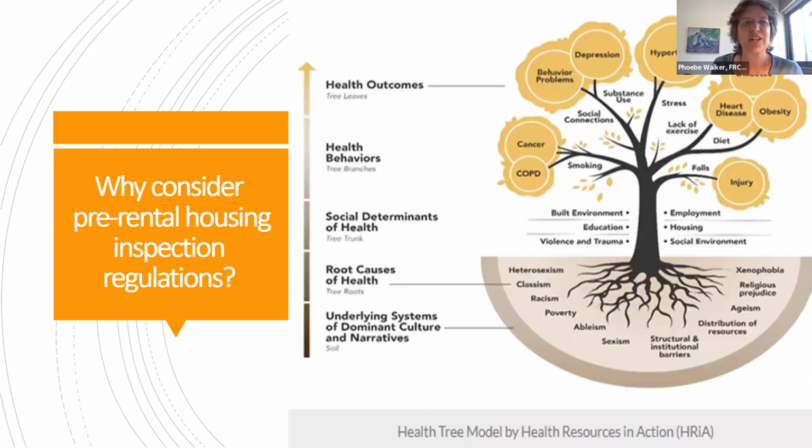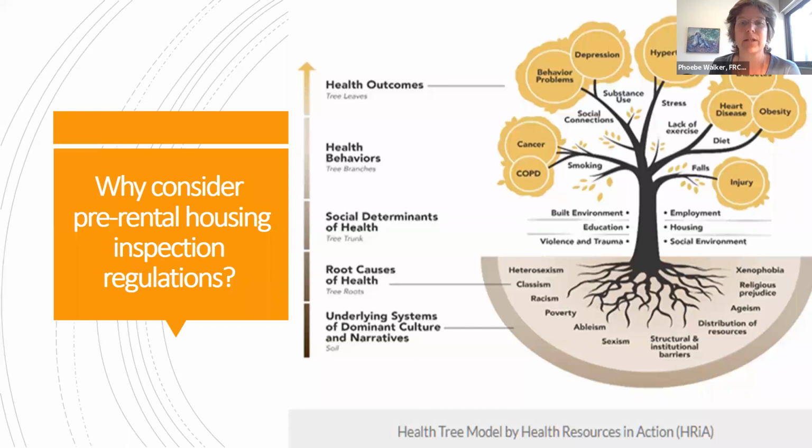So just to get started, what are we doing here? Why are we doing this? We are looking at pre-rental housing inspection regulations because housing is such an important determinant of health. And I just want to draw people's attention to this helpful infographic around how people's health outcomes are created and the complexity of the systems that end up driving people's access to employment and housing, people's access to a built environment.